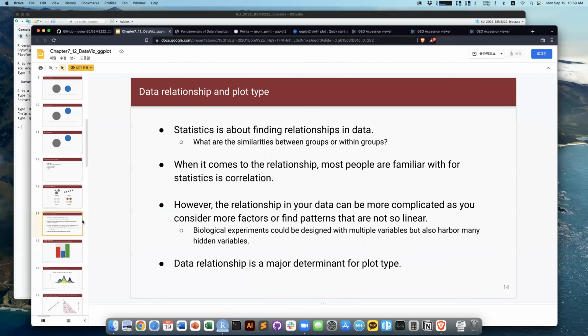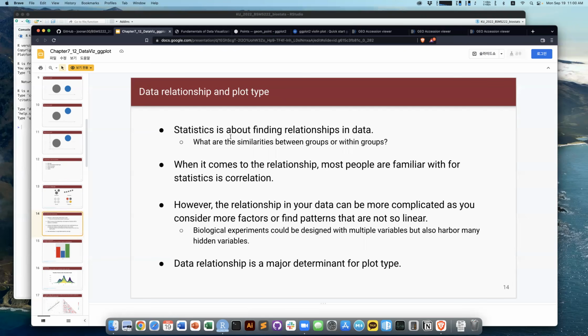Okay. So data relationship and plot type is one of the things you have to keep thinking about. There is no rule of thumb. Rule of thumb means you press a button and get a good result. There is no such thing in data visualization, and also probably during your life. So what you have to do is keep thinking and finding the relationship in your data set. And we call this statistics, right?